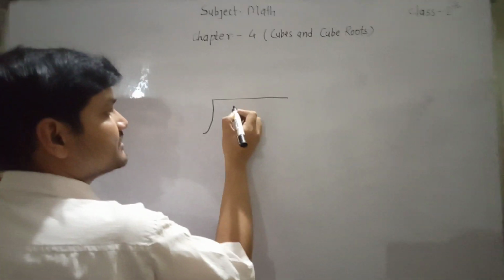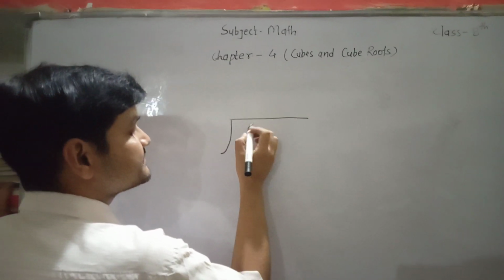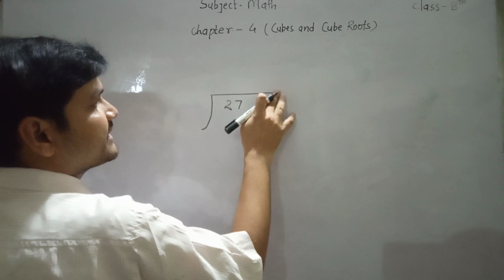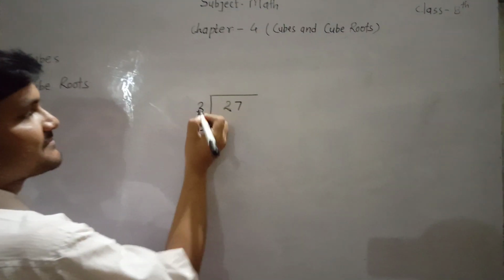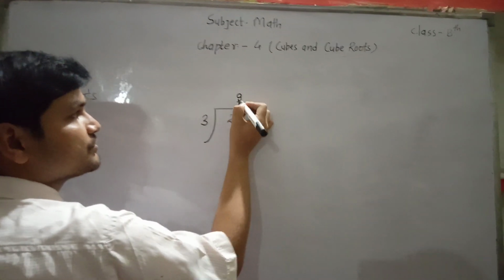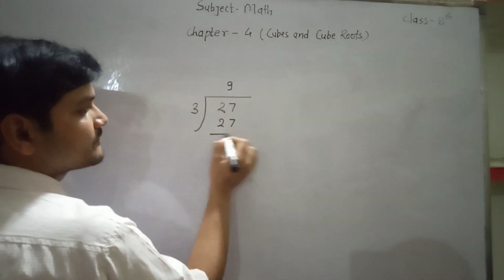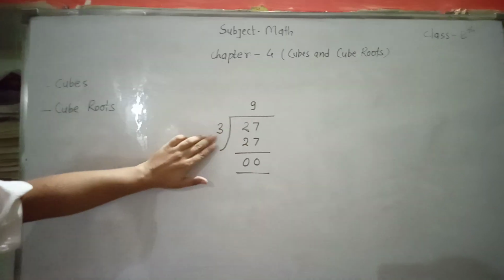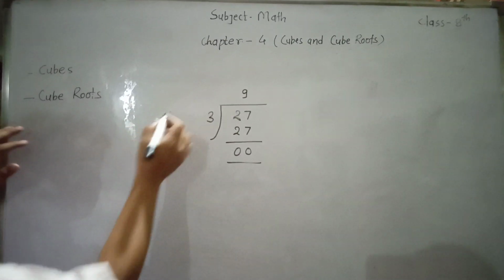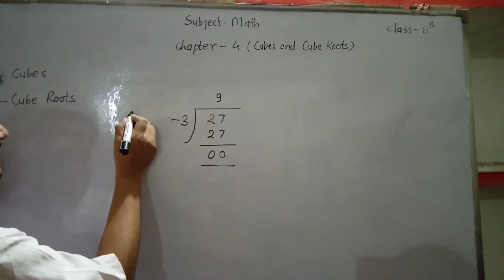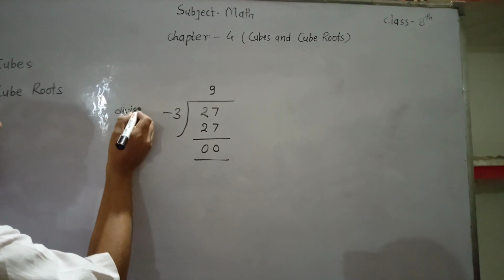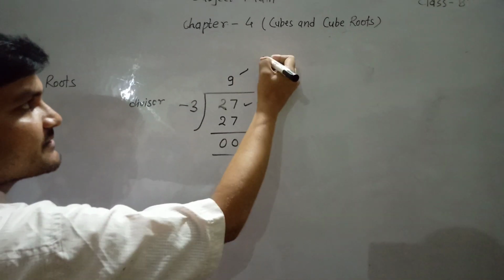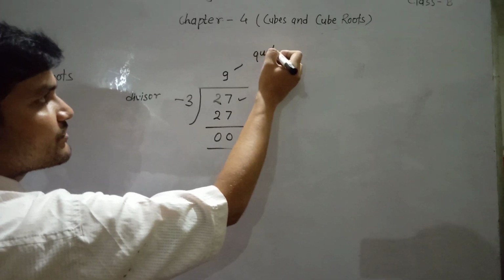For example, if we write here 27 and 27 is divided by 3. Here 3 is the divisor, 27 is the dividend and 9 is the quotient.